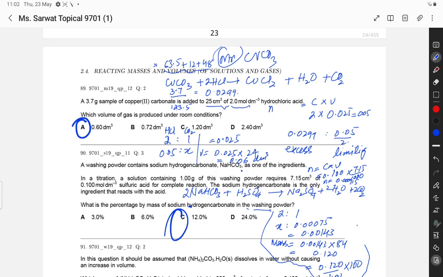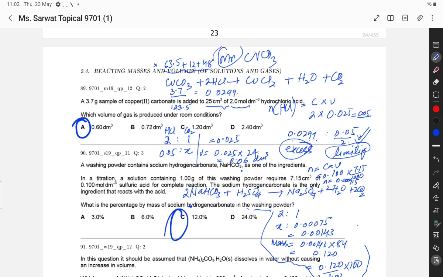The mole of HCl is concentration times volume, 2 times 0.025, which is equal to 0.05. 1 mole of copper(II) carbonate uses 0.0299 mole, while 2 moles of HCl uses 0.05 divided by 2. So this is the limiting mole, and this is in excess. The mass of product depends on the limiting mole. Once the limiting reactant is used up, the reaction is over.